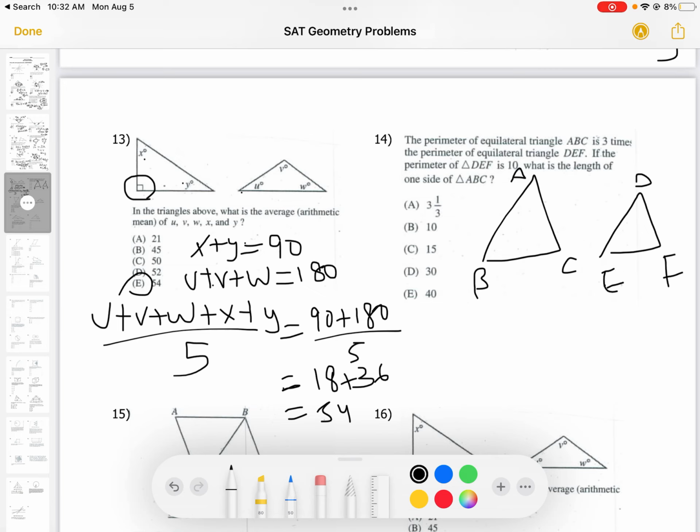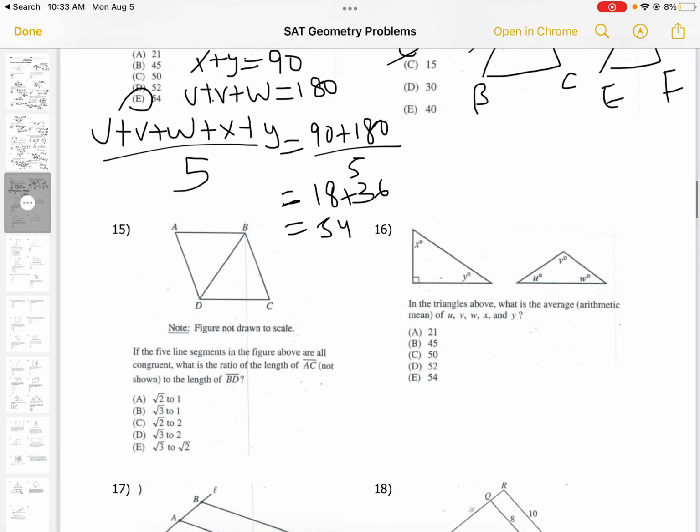So if the perimeter of DEF is 10, one side is 10 over 3. Now, if the perimeter of triangle ABC is 3 times that, well, their side lengths will also be 3 times the side lengths of DEF. And since DEF has a side length of 10 over 3, ABC will have a side length of 10, which is 3 times that. So that's our answer.